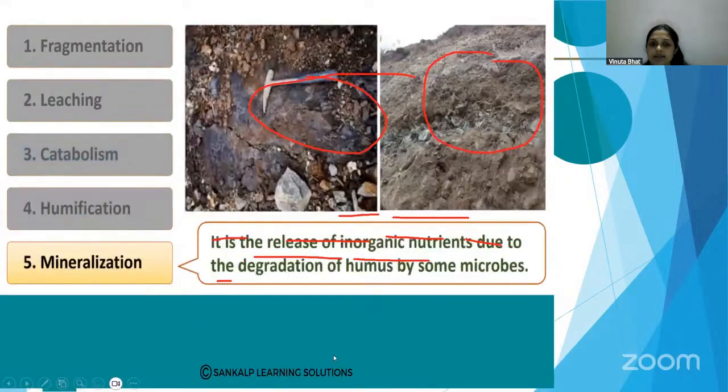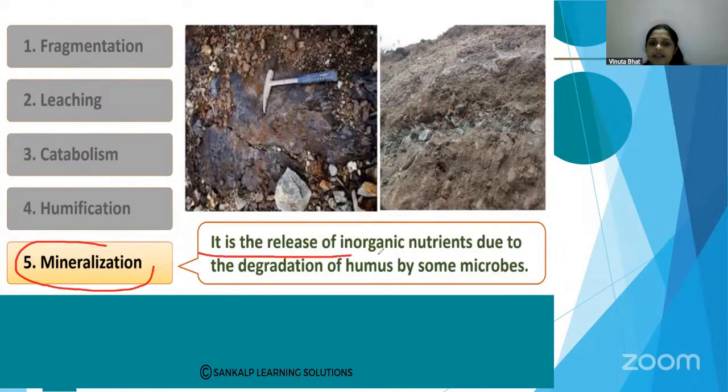Then the last step is mineralization. It is the release of inorganic nutrients due to the degradation of humus by some microbes. Humus is the amorphous dark colored substance where microbial activity is less, but the release of nutrients takes place by the degradation of humus by some microbes.